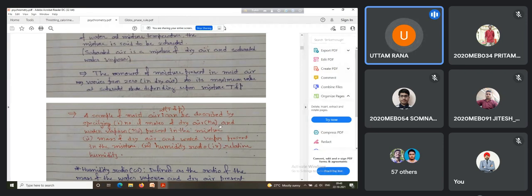If you fix any one of them, the other is fixed by default because their total mole fractions in a particular phase equal 1. So if you specify the mole fraction of dry air, the mole fraction of the water vapor present in that mixture is automatically fixed.